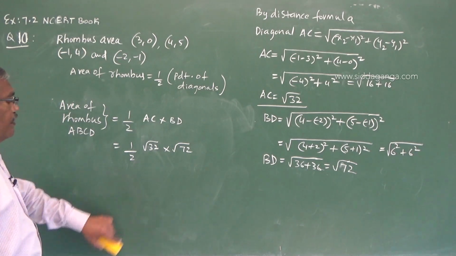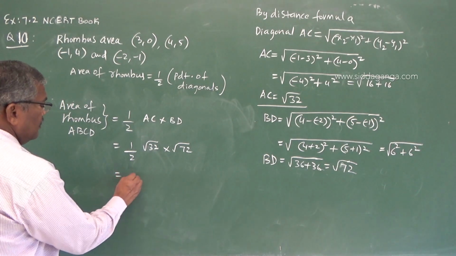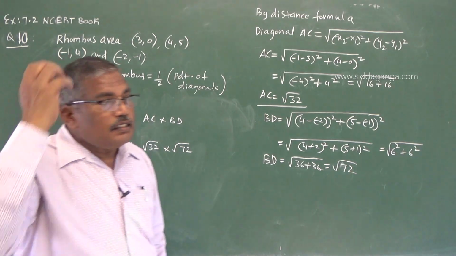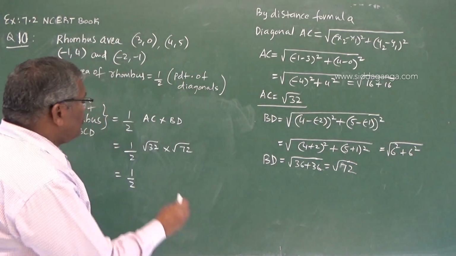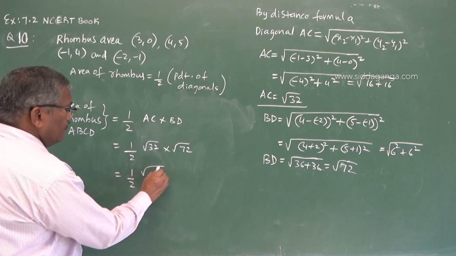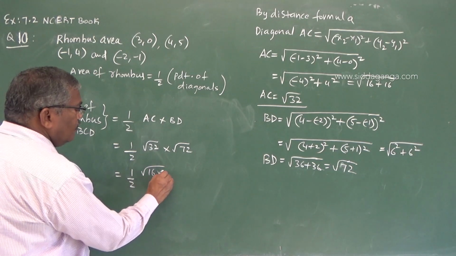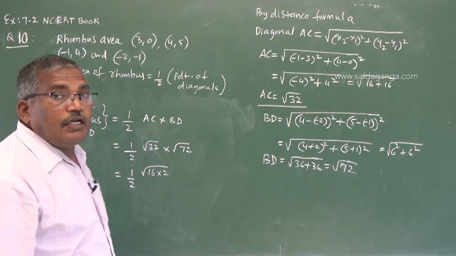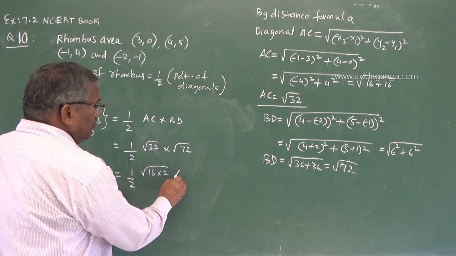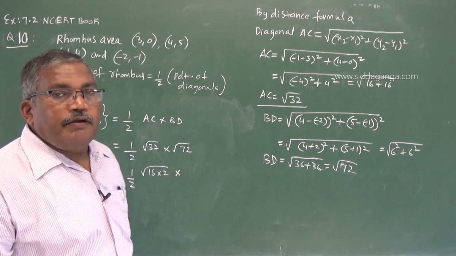So now we can simplify this. 1 by 2 into root 32, I will write it as square root of 16 into 2, into 72.